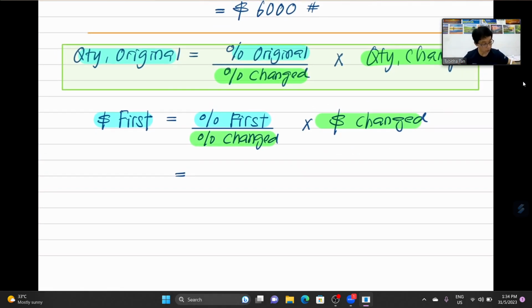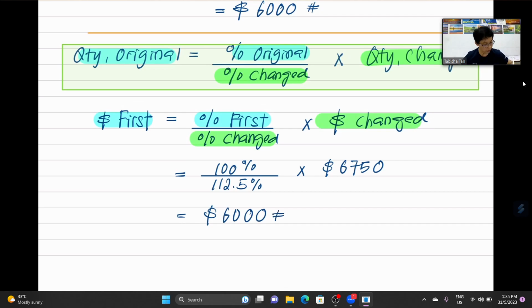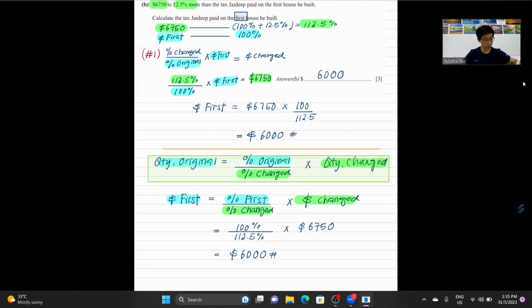Now what you need to do is put in the original percentage, 100%, divided by the change percentage, 112.5%, and then multiply by the change quantity, and that will definitely give you the same answer as before.